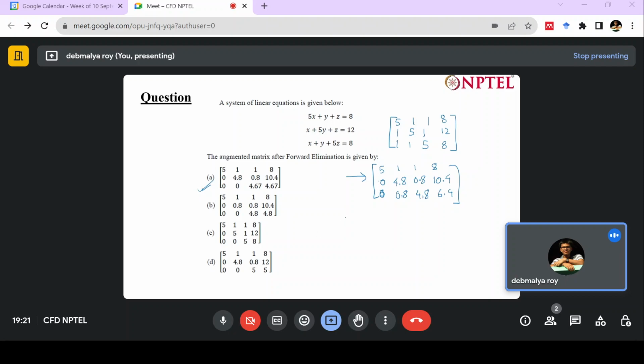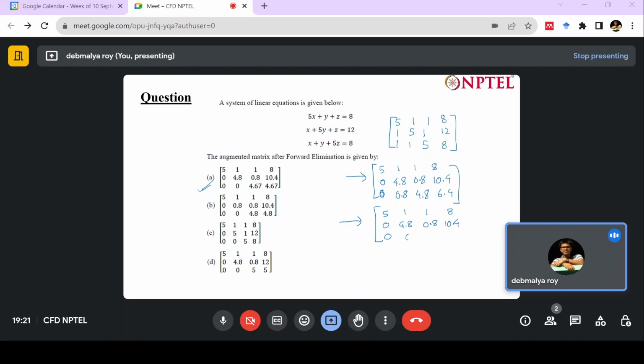Now what is the next step? The next step would be to make the second column of the third row 0. So now the second row also stays intact. This 0 will remain.